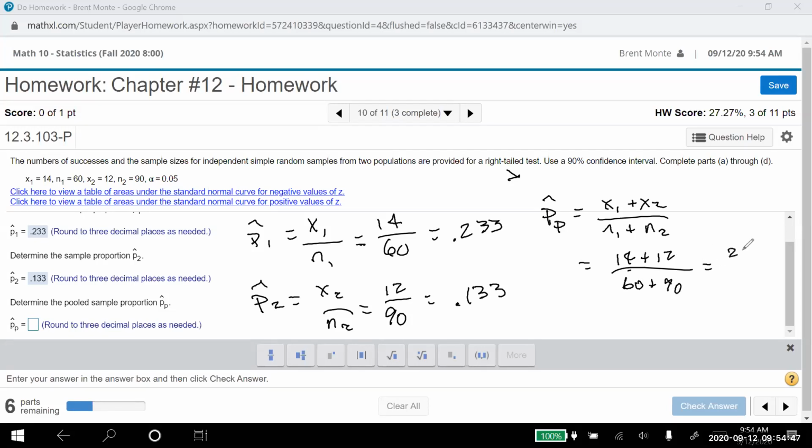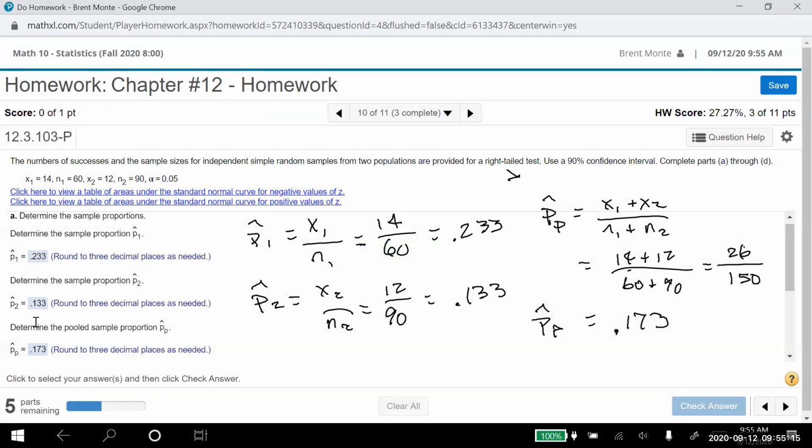So what is that? 26 divided by 150. So my pooled proportion, is what they call it, is 0.173. All right, so we're good there.